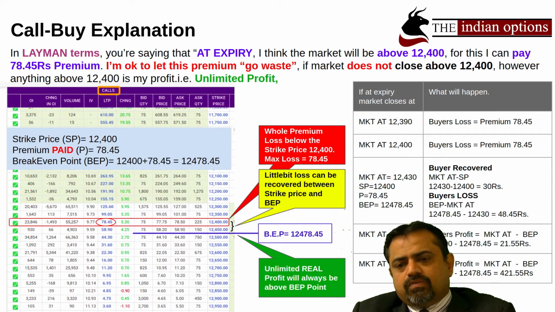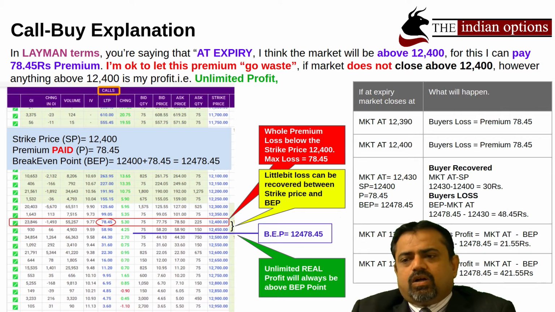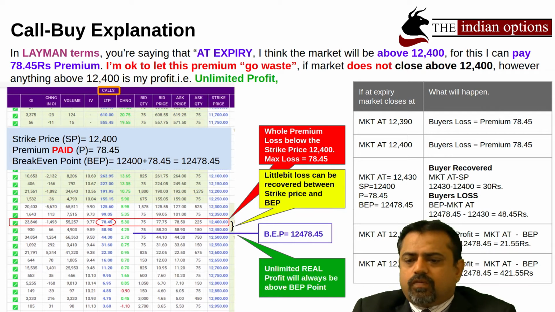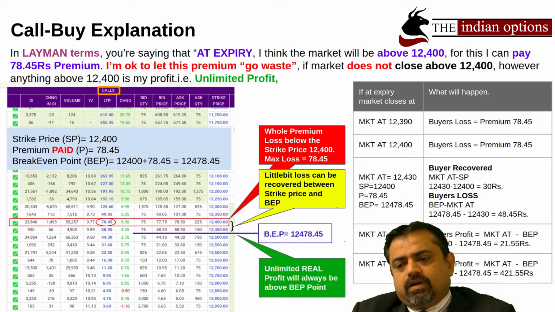Okay. Now let's study this further. On the left hand side, in the green box, I am saying that unlimited real profit will always be above the break-even point.